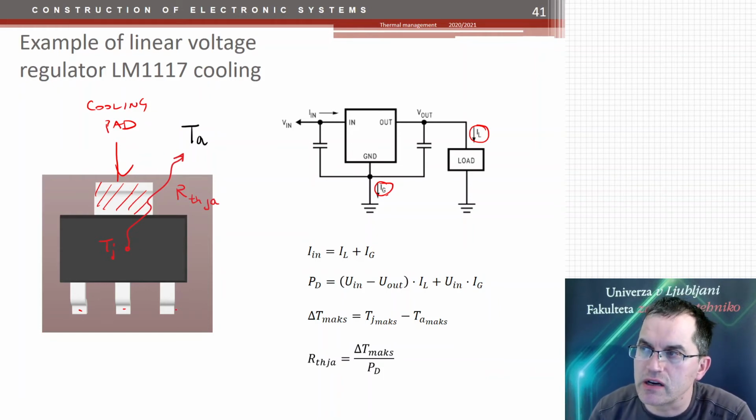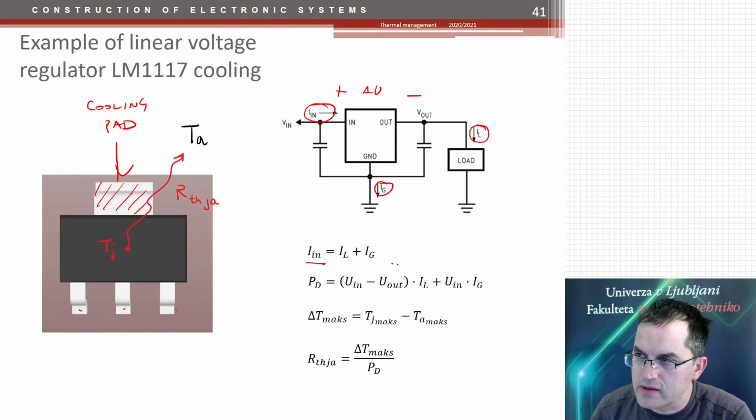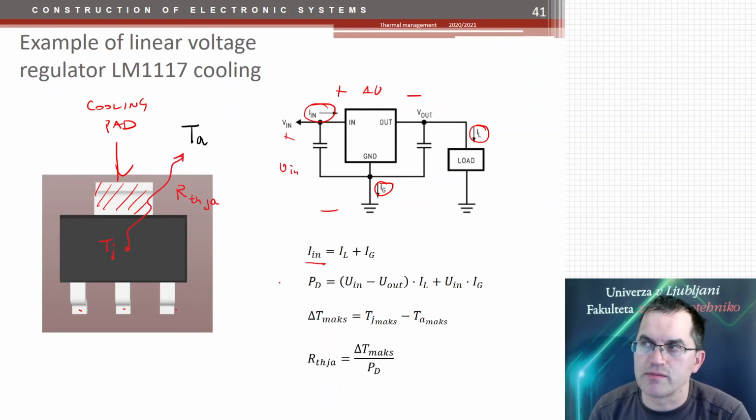This is the current which is consumed by the regulator itself, and those two define the input current. Then the power dissipation is this input current times this voltage difference, which is this one here, plus the input voltage times this self-consumption current.